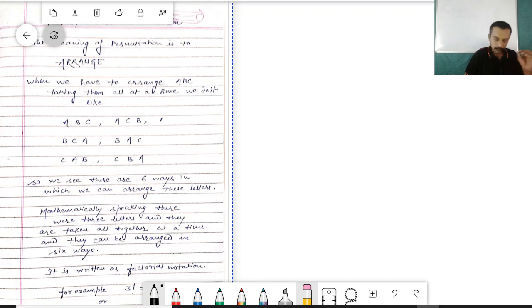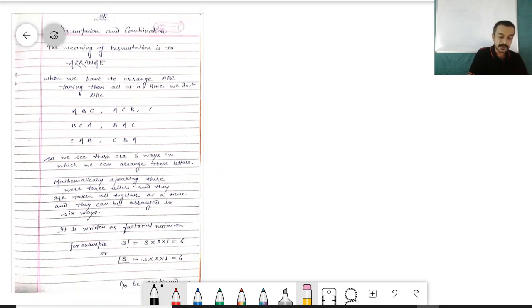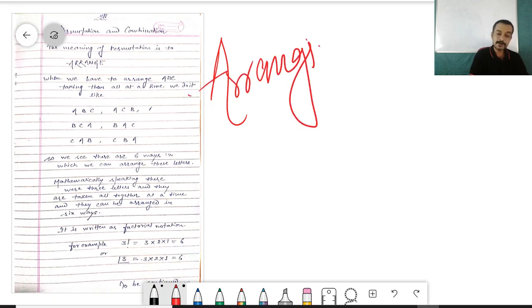Okay. So for now, to revise, to recollect, I'll just tell you one thing. The meaning of permutation is arranging. What is the meaning of permutation? Arranging. Arranging what? Arranging the objects. And whenever the objects are arranged, we get different arrangements.